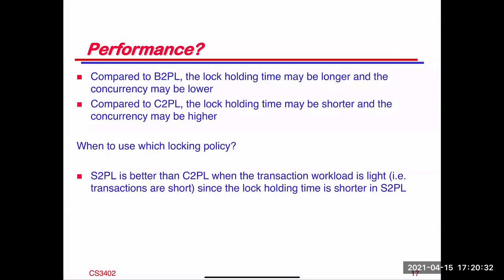In fact, strict two-phase locking is better than conservative two-phase locking when the transaction workload is light. So if your transactions are short and they don't read too many conflicting data items. The reason for that is exactly that the lock holding time is shorter in strict two-phase locking.